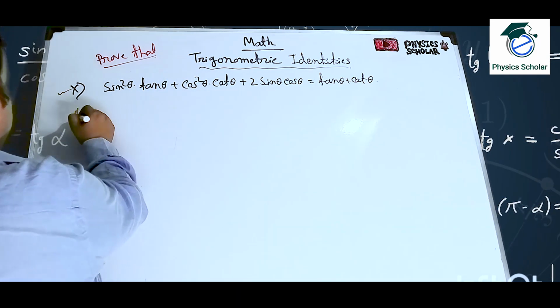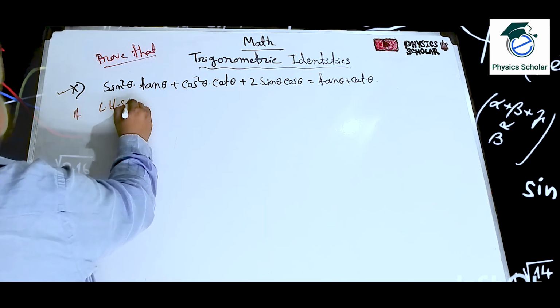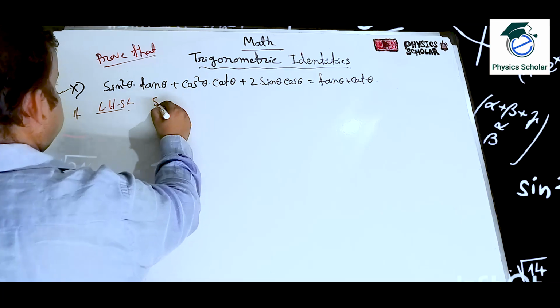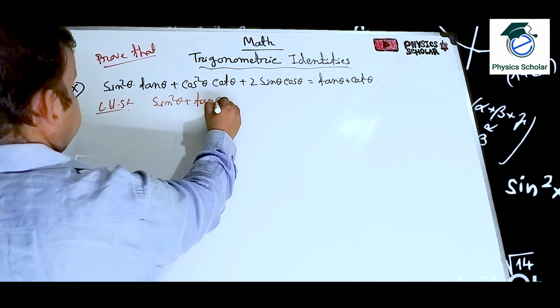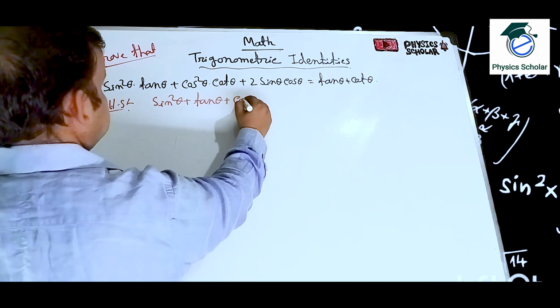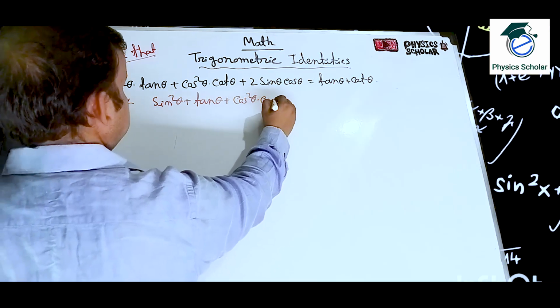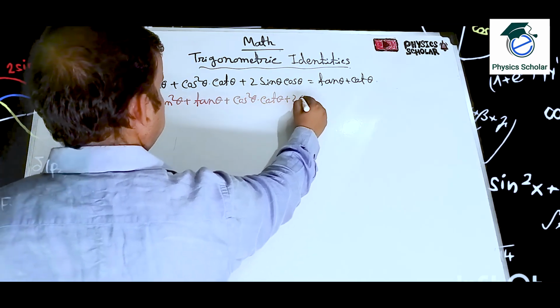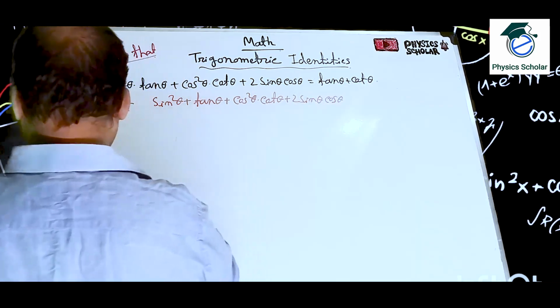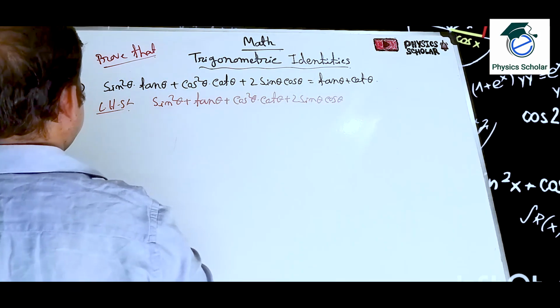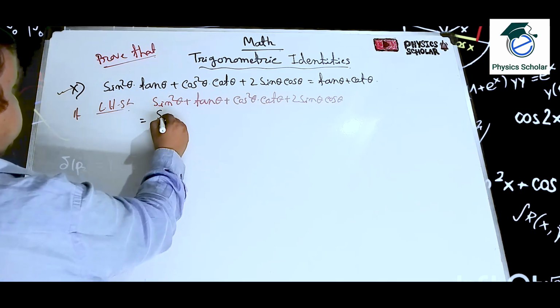Okay, so now it is left hand side. Sin square theta into tan theta plus cos square theta into cot theta plus 2 sin theta cos theta. Clear? Now what can we write?